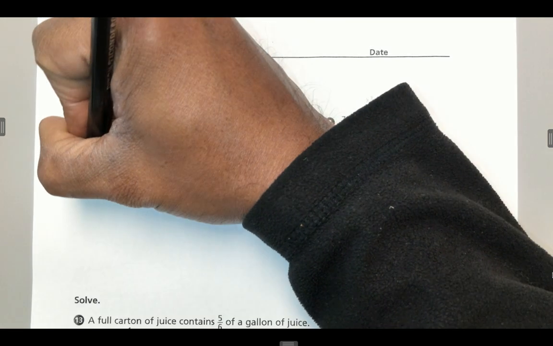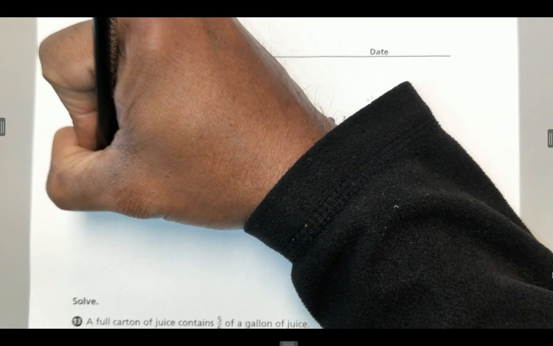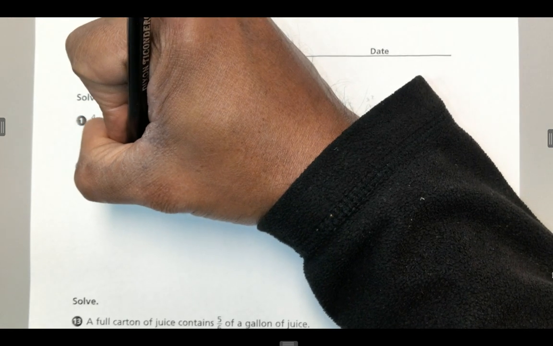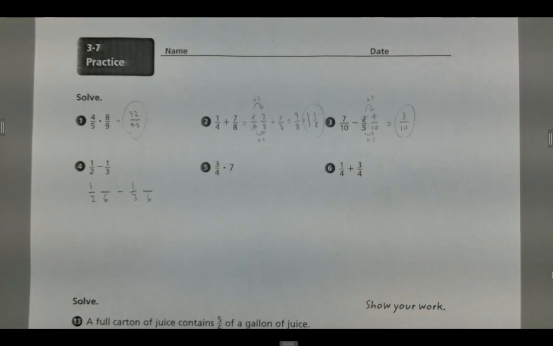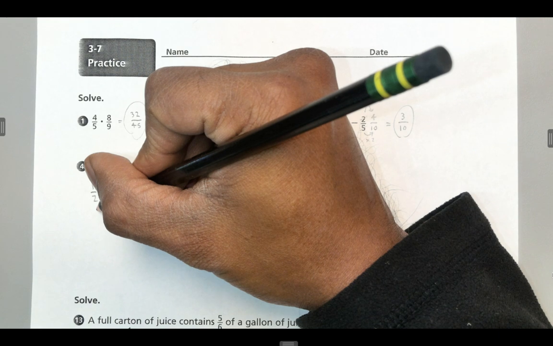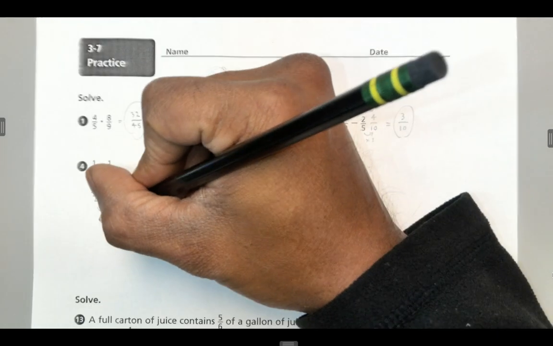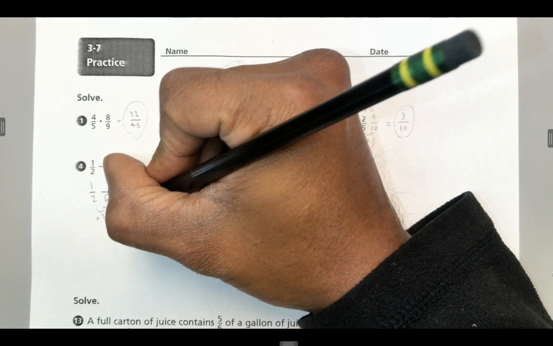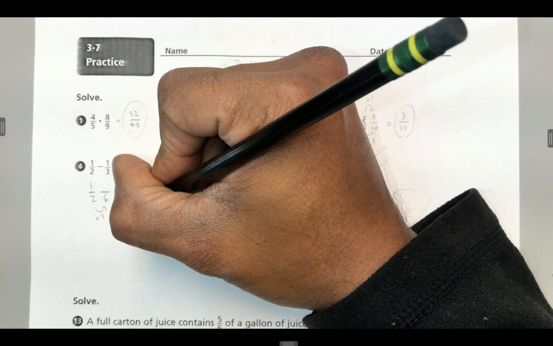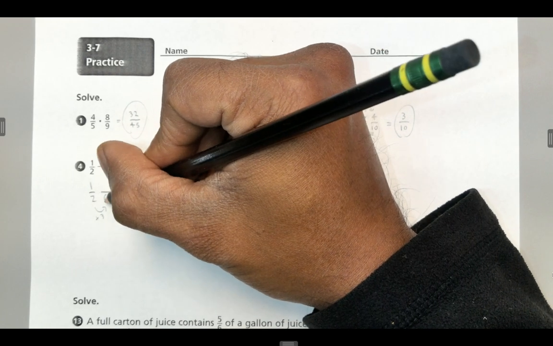So I need to rewrite 1/2 as something over 6 and 1/3 as something over 6. What I do to one side, I must do to the other. In the case of 1/2, if I start with the denominator of 2 and want to rewrite it as an equivalent fraction with 6 as the denominator, I've got to multiply by 3.